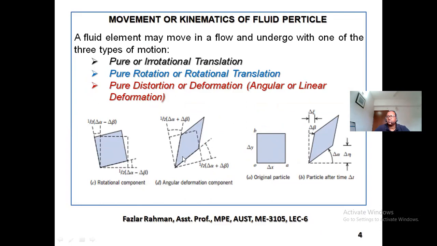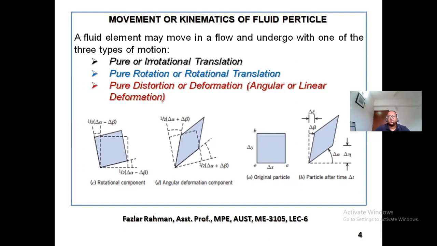Angular deformation. If I consider a fluid element, this is the initial position, and after time del t, it might come to this shape. That means there is an angular deformation in the fluid element.